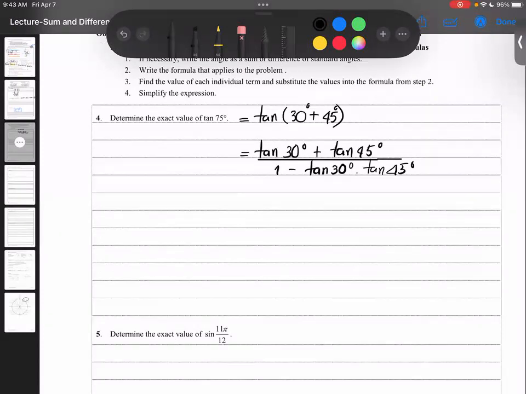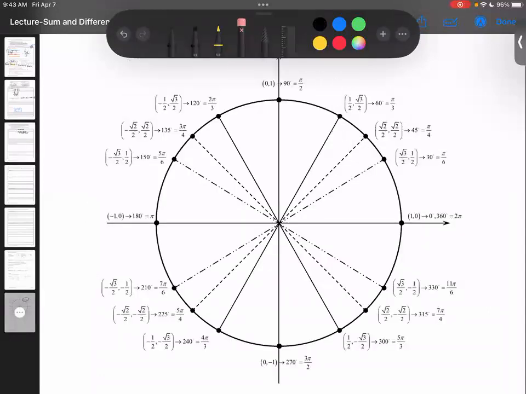And you look up on the unit circle, what is tangent of 30 degrees equal to? Right there, 30 degrees. Tangent is 1 over root 3, right? 1 over root 3. Don't worry about the rationalizing.